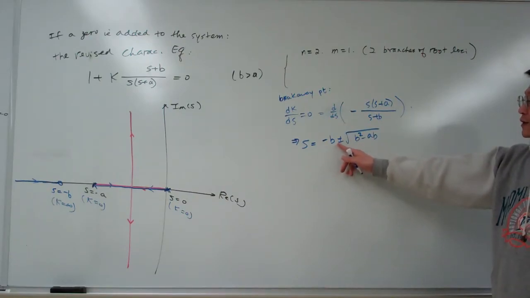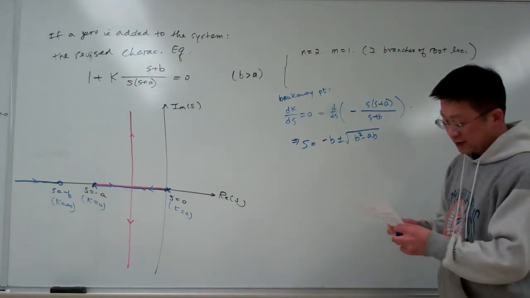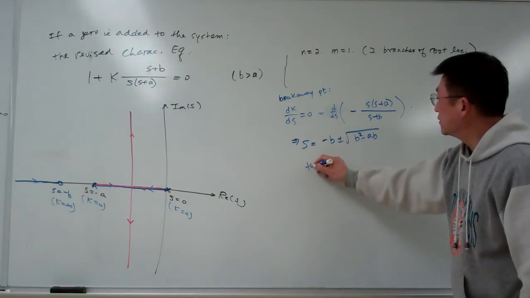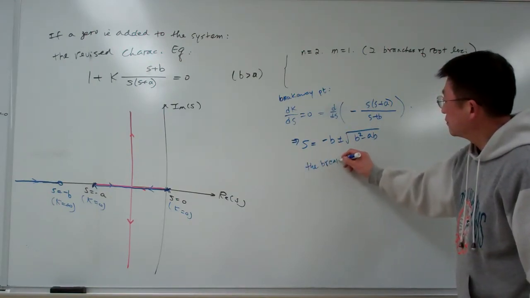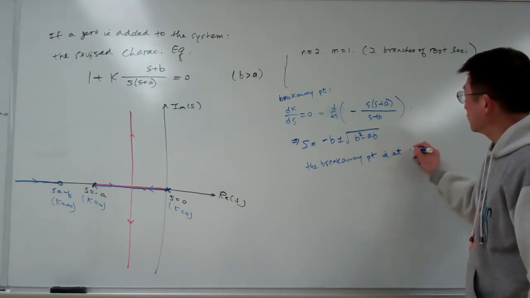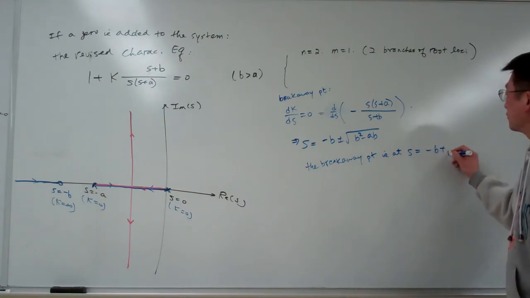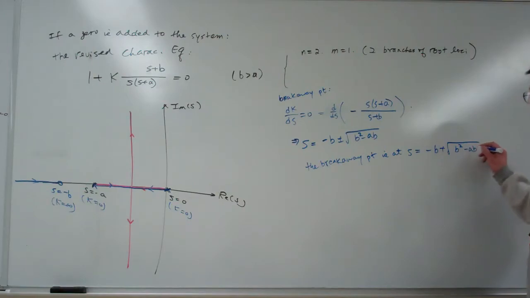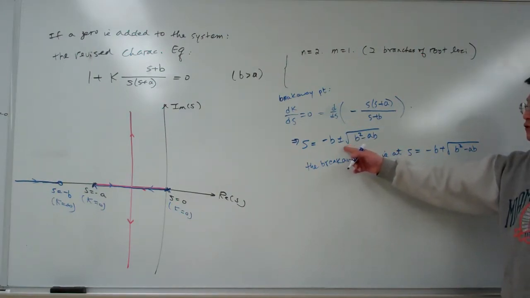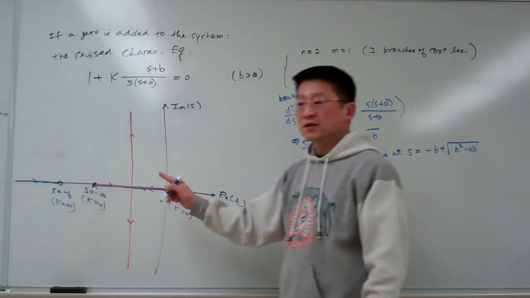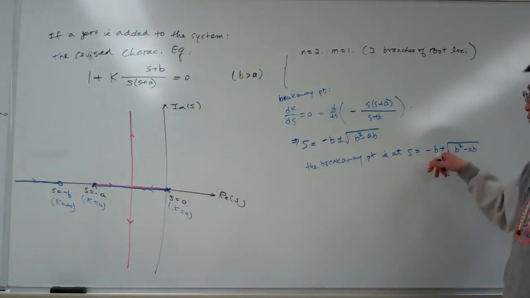Here there are two possible locations, one inside this branch and one outside. The breakaway point is only inside that range, so we pick this one.